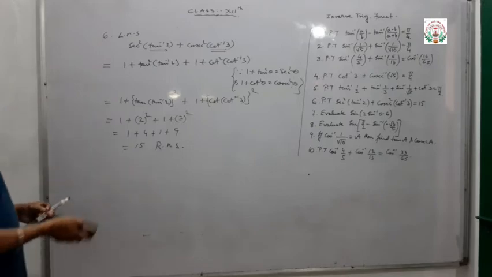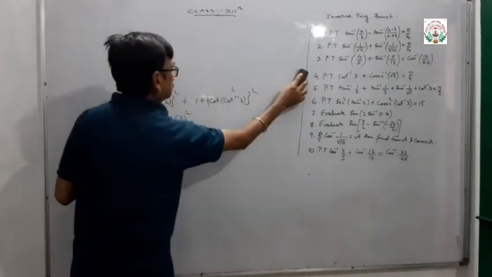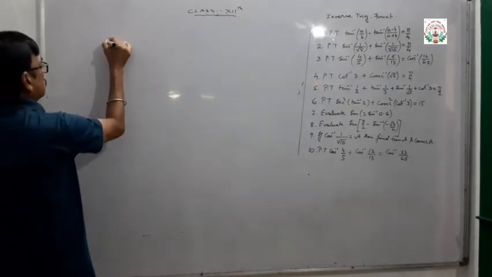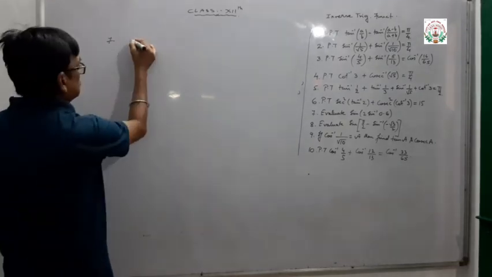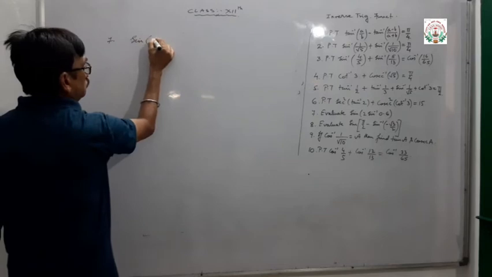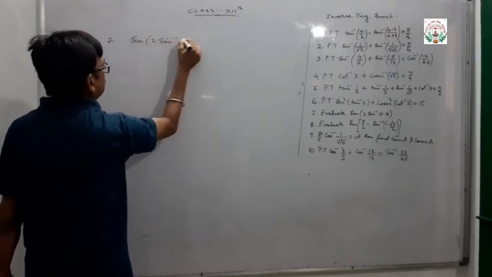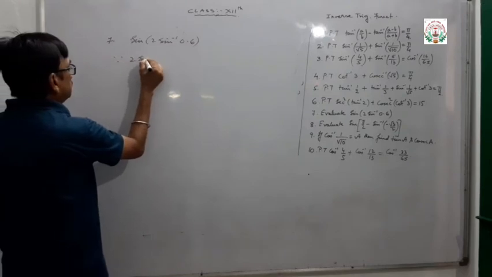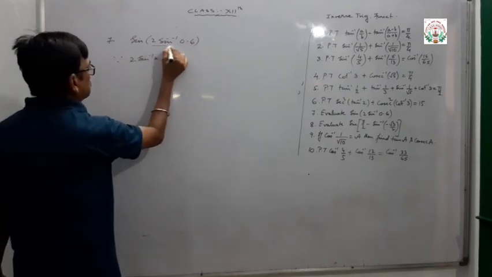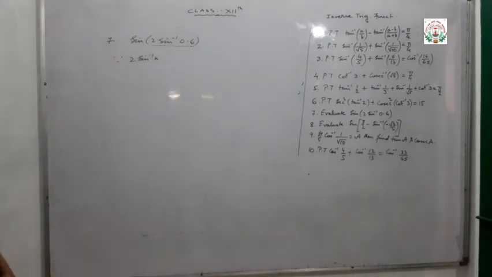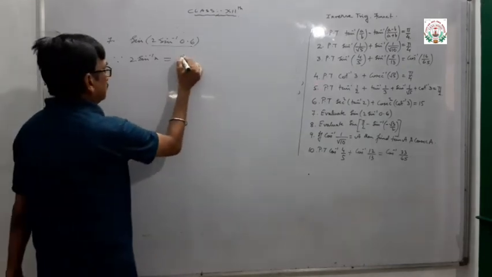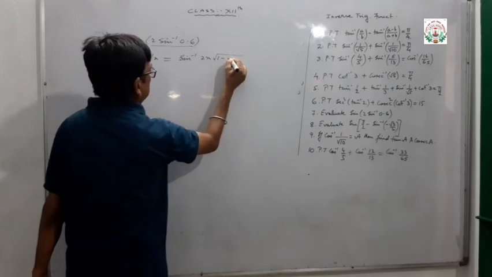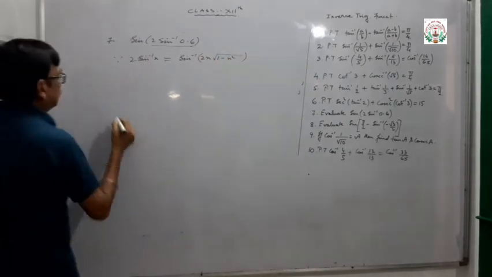Now we move to the 7th question. The 7th question is: evaluate sine 2 sine inverse of 0.6. Since we know that 2 sine inverse of x is given by the formula sine inverse of 2x into under root 1 minus x square.